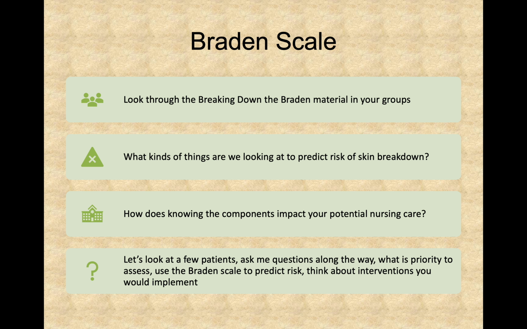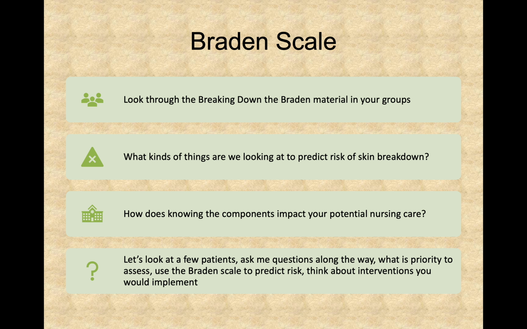So if we look at those categories on the Braden scale and we identify that the patient, maybe their activity level is chairfast, but their mobility is only slightly limited, then our interventions really need to be working towards their activity level, as opposed to their mobility in that position-changing kind of way.